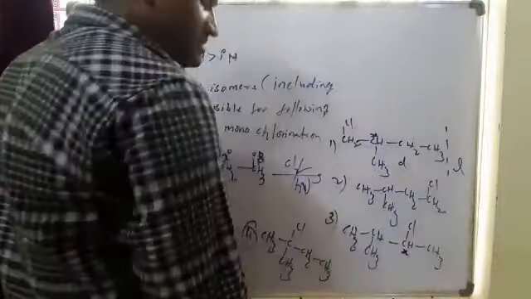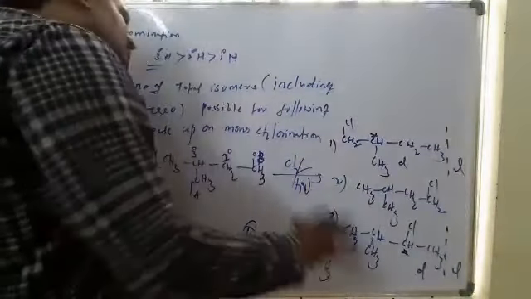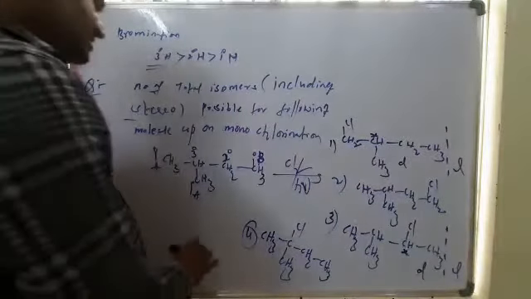If a chiral center exists, 2 molecules exist: one is a dextro compound and one is a levo compound. If it is dextro, its mirror image levo also exists, and the same for the other. So including stereoisomers, 1, 2, 3, 4, 5, 6, a total of 6 isomers are possible.